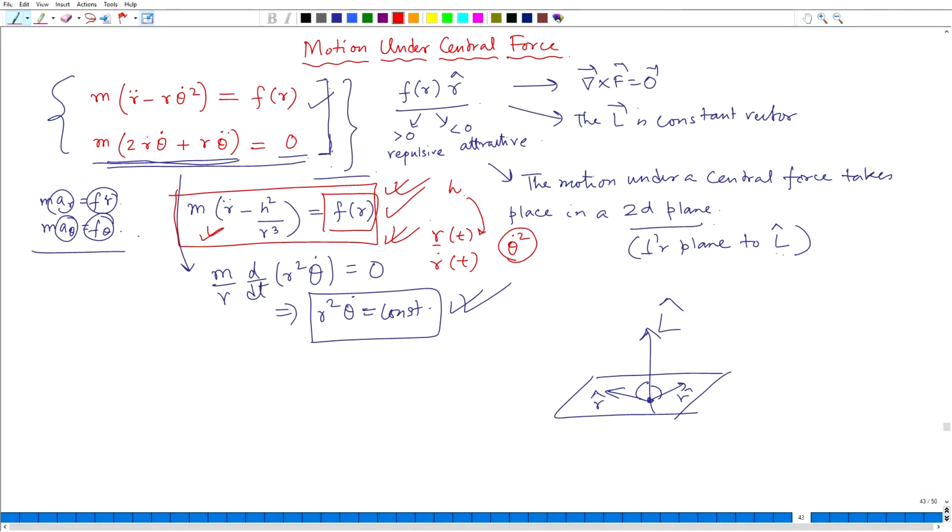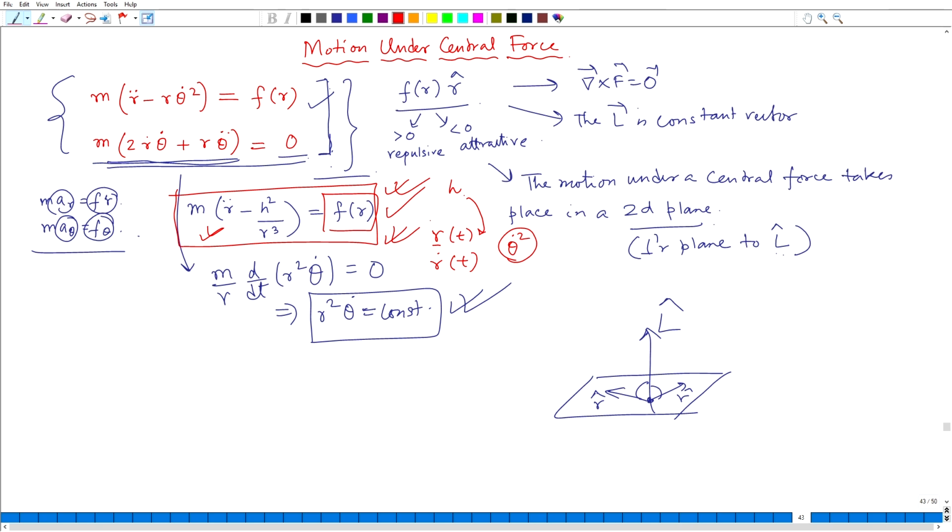Now, one can be interested to know in this plane which type of trajectory is followed by such a particle which is moving under a given law of central force, or let us say an arbitrary law of central force.